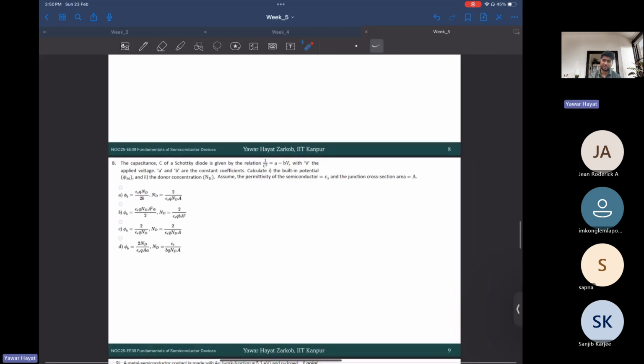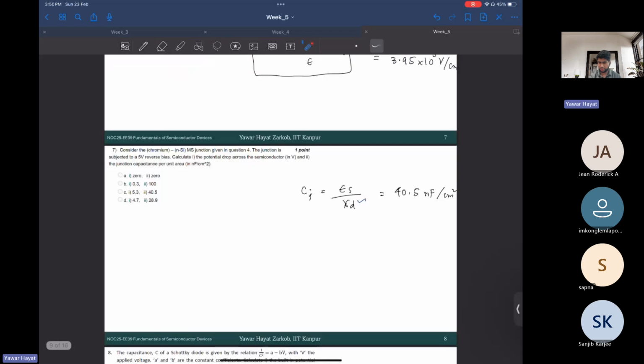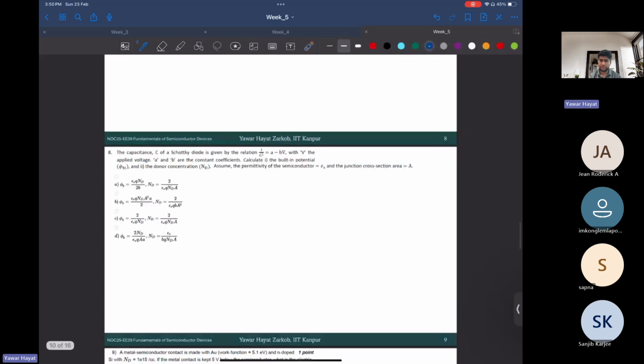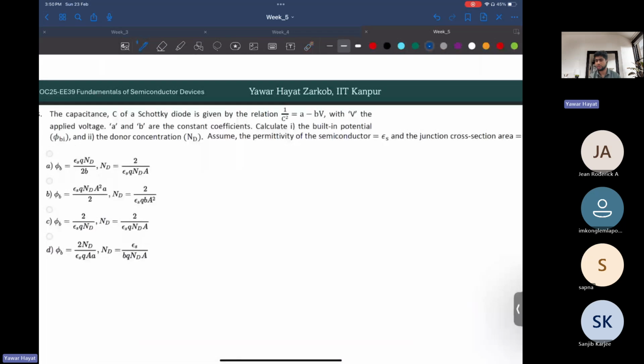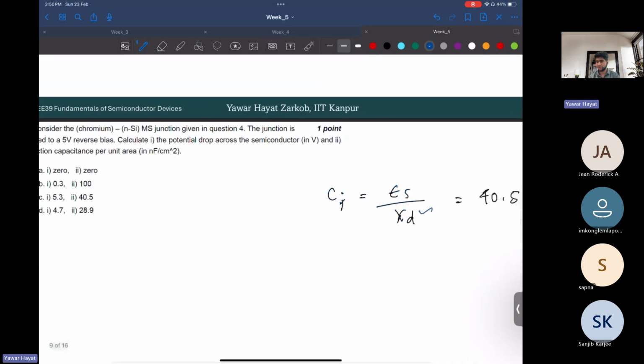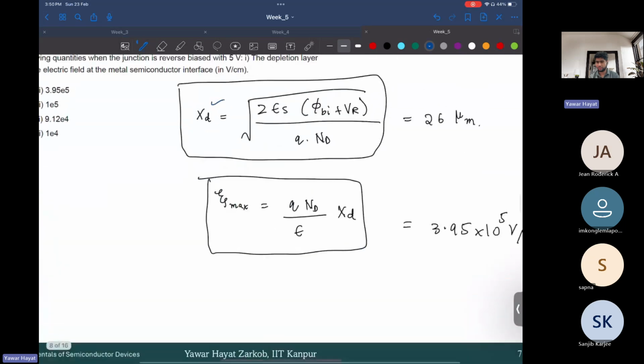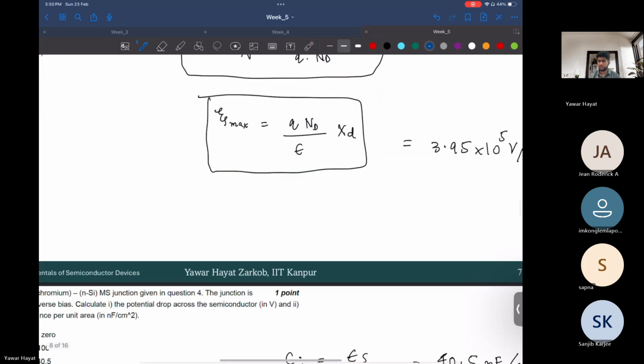This is the capacitance, right? So this would be my junction capacitance per unit area times A, right? So your C would be equal to epsilon s by xt times A, right? And what is xt? The expression of xt you already know. This is xt, right?